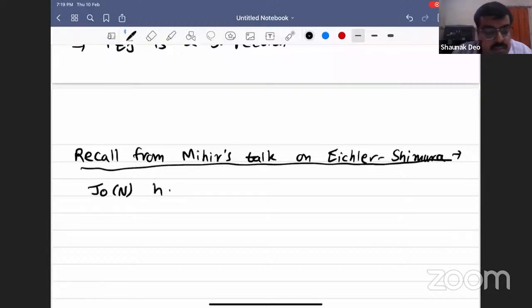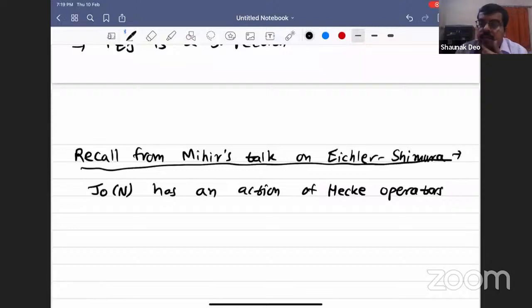Hecke operators are the ones acting on modular forms, and they can be defined using lattices, and then you get an action on the modular curve, and then you can extend it. It's not an action on the modular curve; it's like a correspondence, and you extend it to J0 of n. So J0 of n has an action of Hecke operators Tn with n a positive integer.